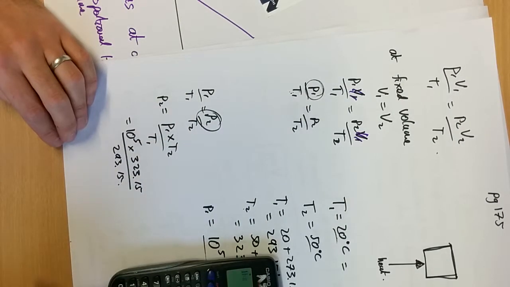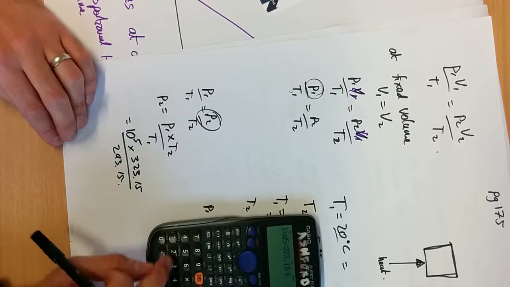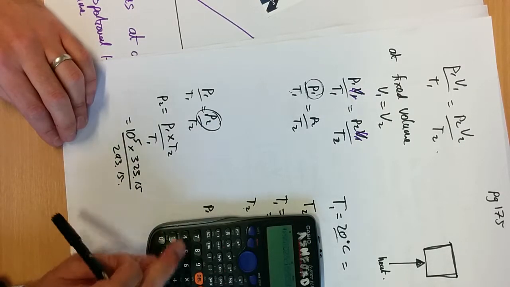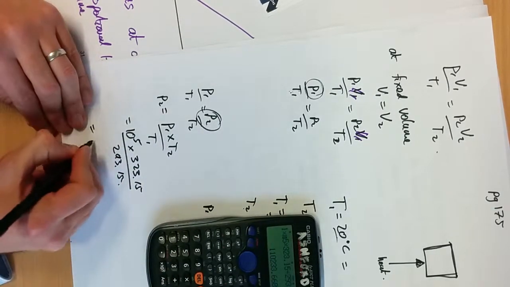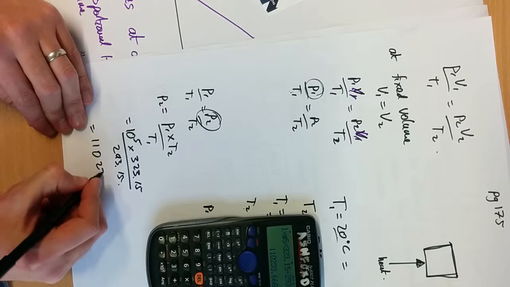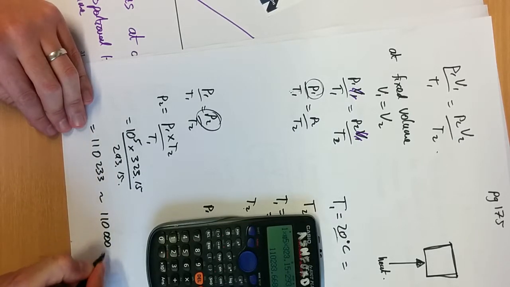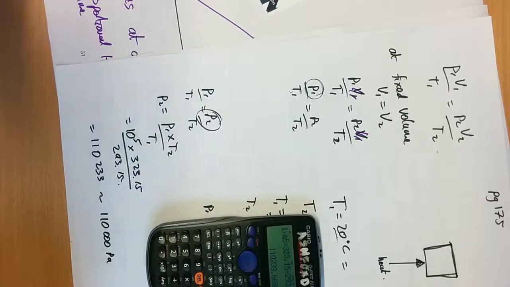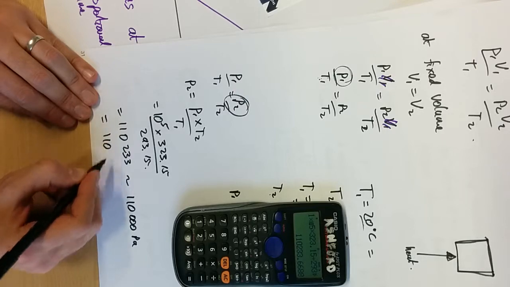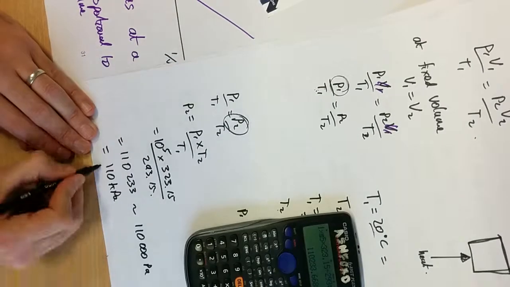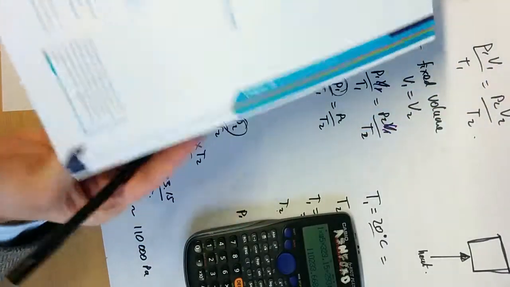So we've got 1 times 10 to the 5 times 323.15 divided by 293.15, and we get our answer as 110,233, which is about 110,000 pascals, which is 110 kilopascals. So that's our answer, which is the same as the example in the book.